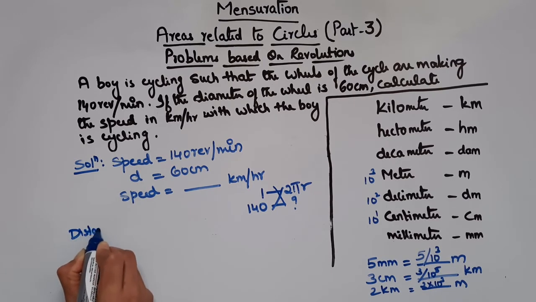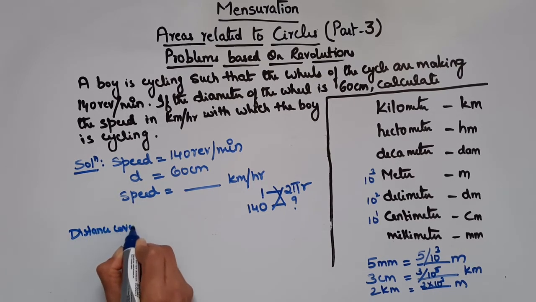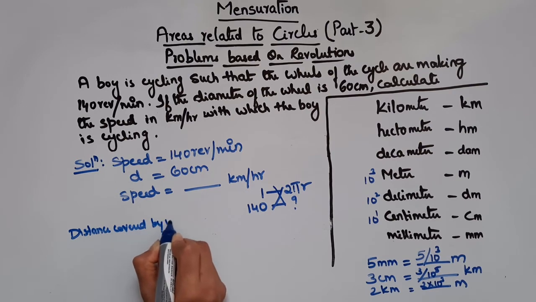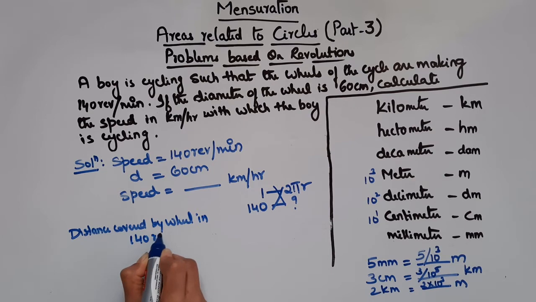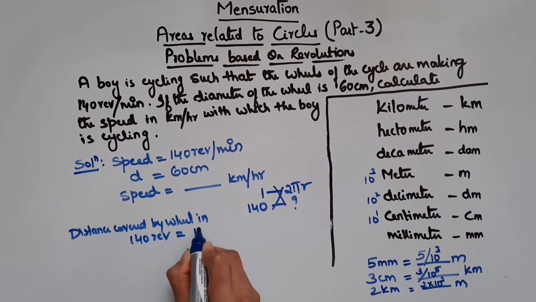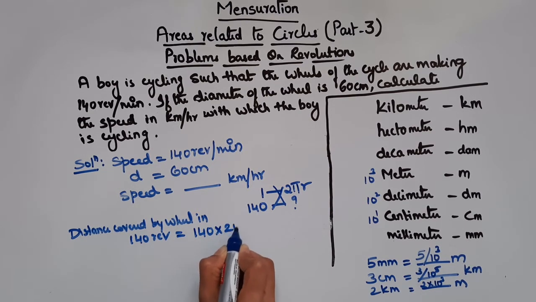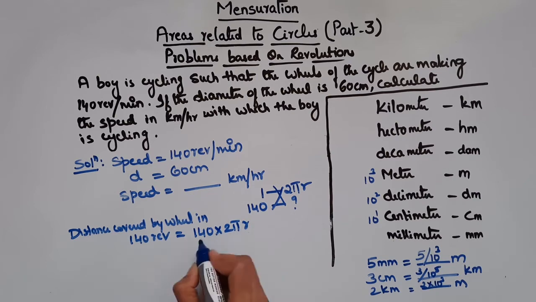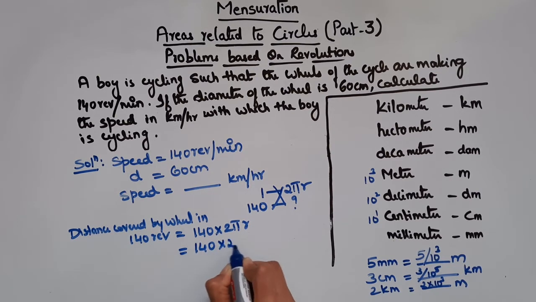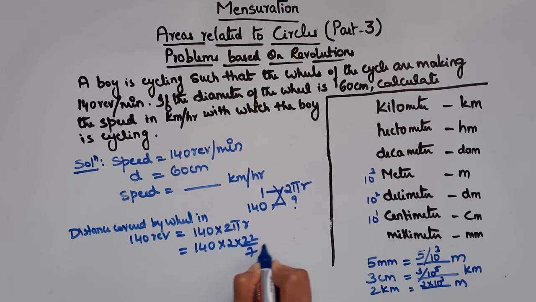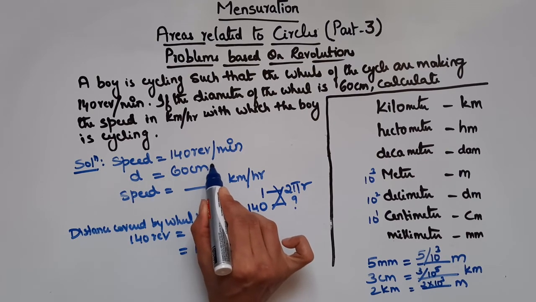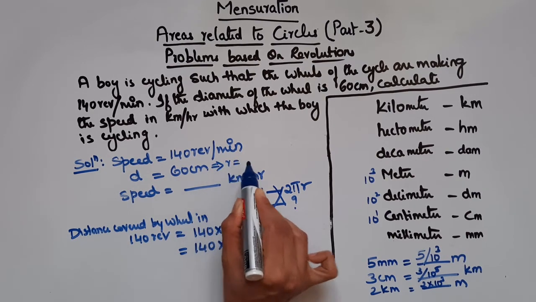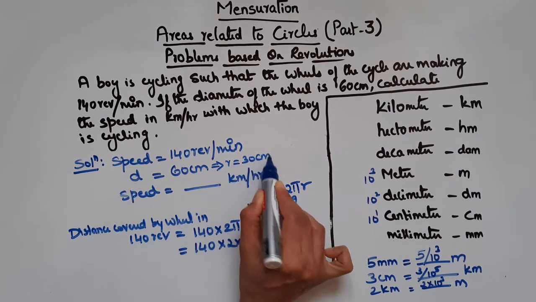Distance covered by the wheel in 140 revolution is equal to 140 into 2 pi r, right? Which is equal to 140 into 2 into 22 by 7 into r. What is r? We know diameter is 60 centimeter. So therefore your r will be 30 centimeter, right?